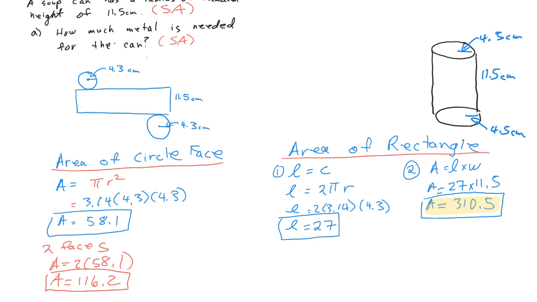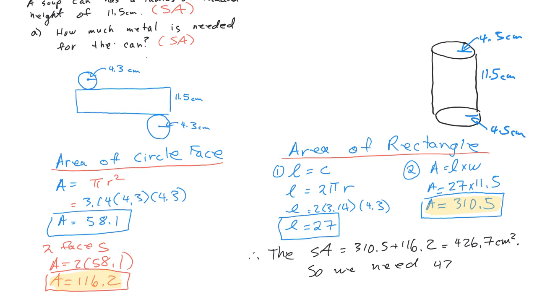So now we have to add this and this to get the total surface area. We end up finding that the surface area is equal to 310 plus 116.2, which equals 426.7 centimeters cubed of metal.